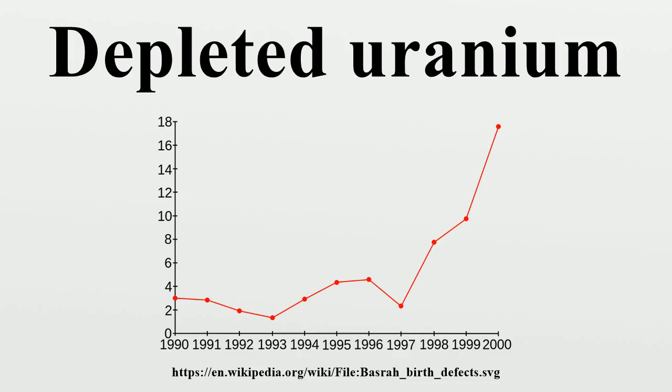Natural uranium metal contains about 0.71% U-235, 99.28% U-238, and about 0.0054% U-234. The production of enriched uranium using isotope separation creates depleted uranium containing only 0.2% to 0.4% U-235.